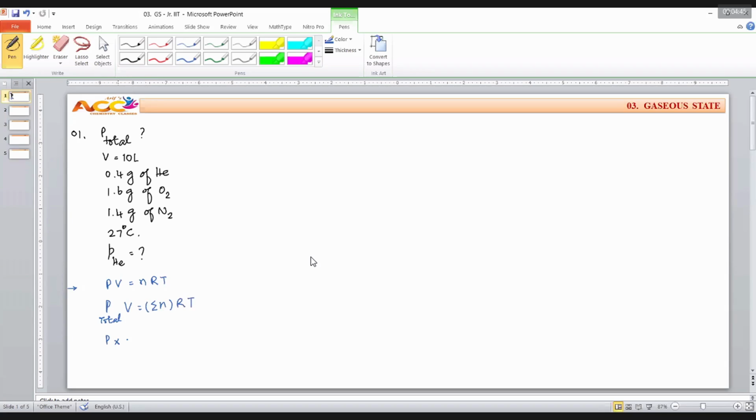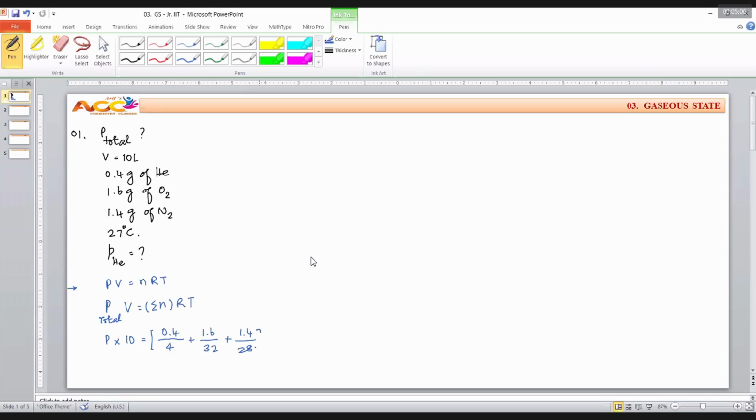Volume must be in liters, available in liters. Number of moles of all the gases: weight by molecular weight. 0.4 by atomic weight of helium plus 1.6 by molecular weight of oxygen plus 1.4 by molecular weight of nitrogen.